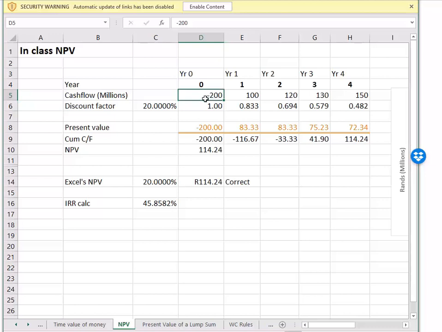Okay, so I'm going to discount these future cash flows at 20%. So if we say in South Africa a cost of capital that might be reasonable to use for a business is 18%, I'm suggesting we use 20% because maybe this is a small medium enterprise. It's more risky than a listed company.